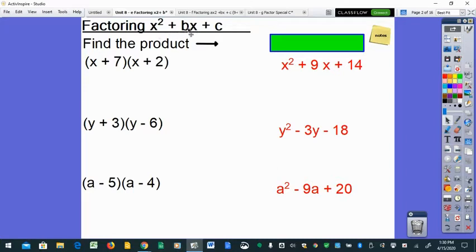The number that is the coefficient of the x term we're going to call b, and the constant, very conveniently, would be the letter c. So ax squared plus bx plus c. And today, all of the problems we're going to be working with, the a will be there, it'll be the invisible 1.